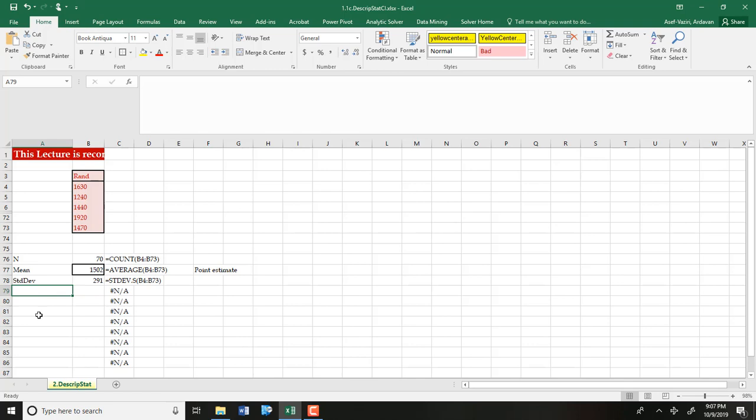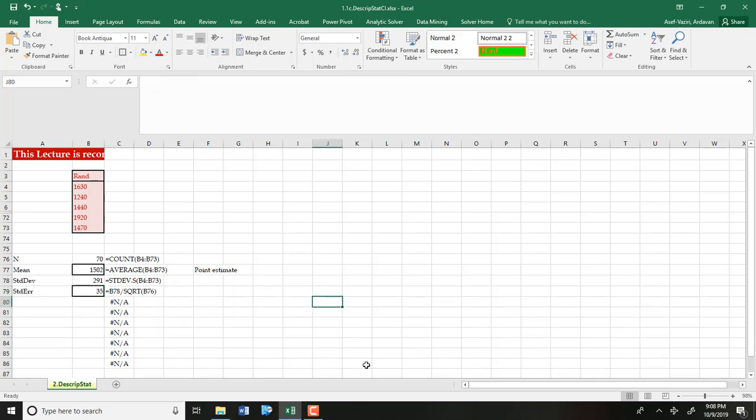Standard deviation of the average, which we show by standard error, is equal to standard deviation of the sample divided by SQRT of the sample size, which is 70 in this case, and that is standard error of the average. Therefore, now I have these 2 numbers, and let me see what these numbers are telling me.